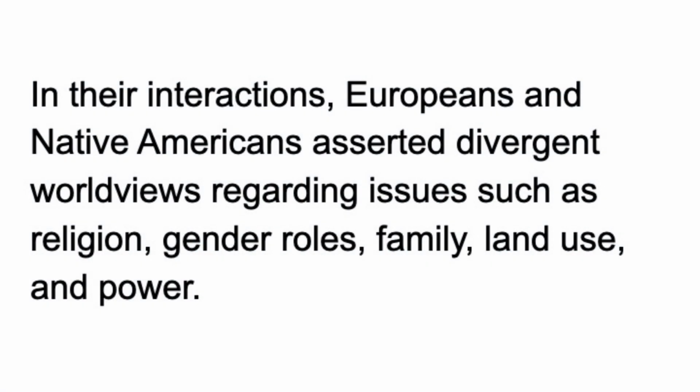Moving on from there, we're going to look at their interactions. Europeans and Native Americans asserted divergent worldviews regarding issues such as religion, gender roles, family, land use, and power.